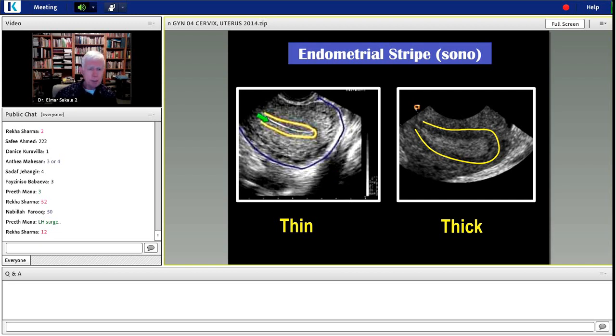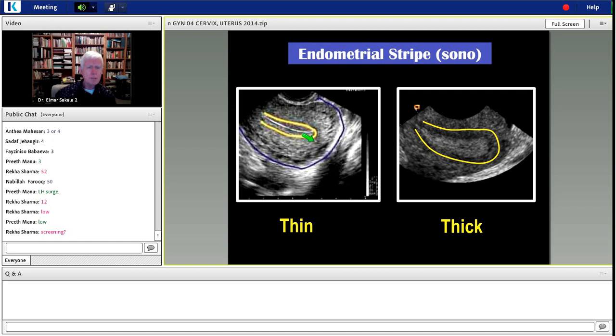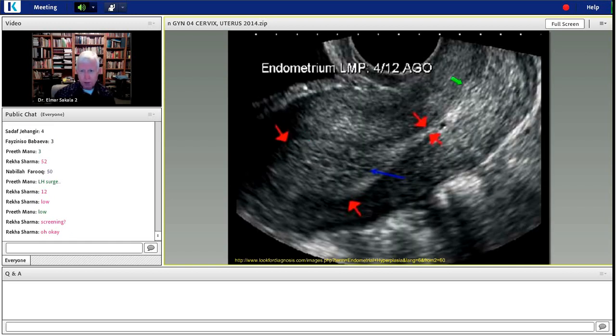Endometrial stripe, I showed you this yesterday, a narrow endometrial stripe. You would expect the estrogen level to be very low. With estrogen level very low, what's the likelihood of endometrial carcinoma? With a thin endometrial stripe, very low, but it's not zero. So, if you see a wide stripe, it is concerning, but even with a narrow stripe, you've got to do endometrial biopsy in order to rule out endometrial carcinoma.